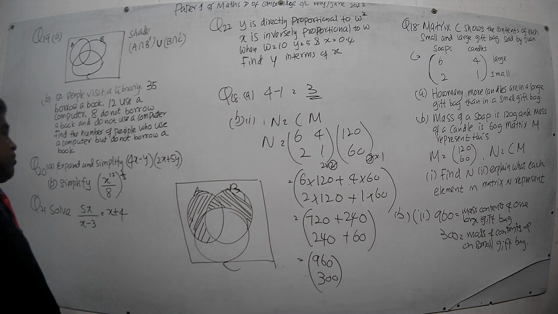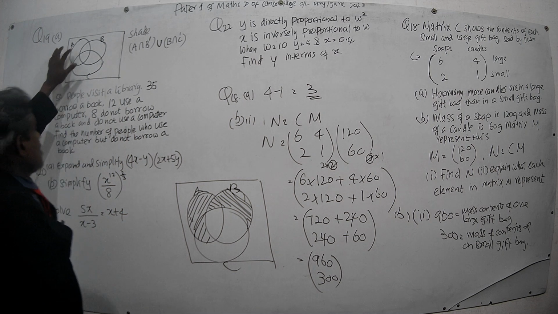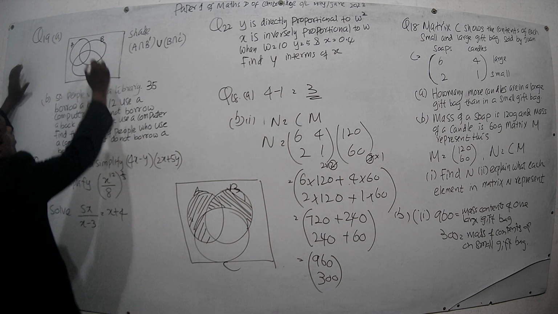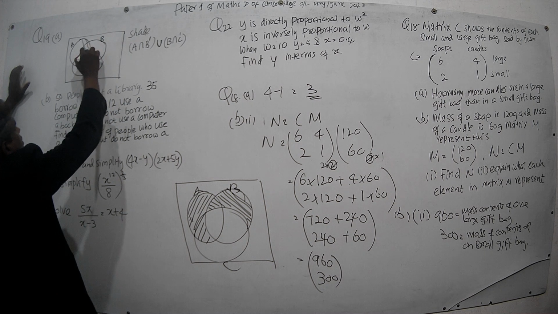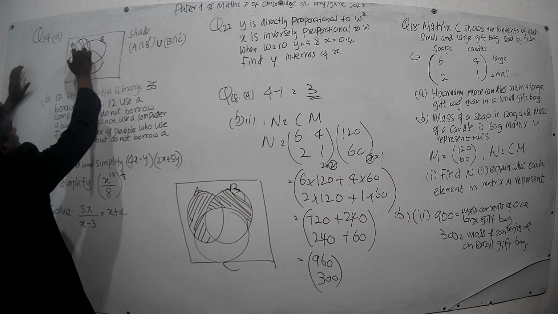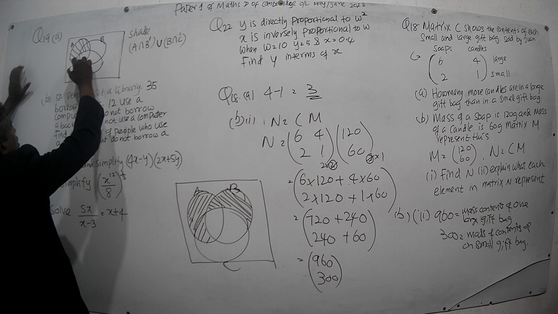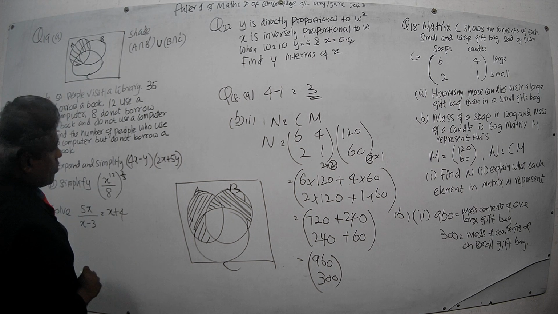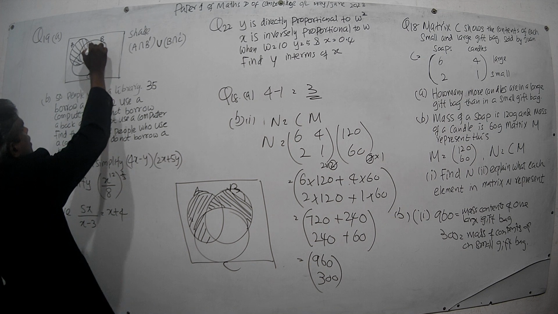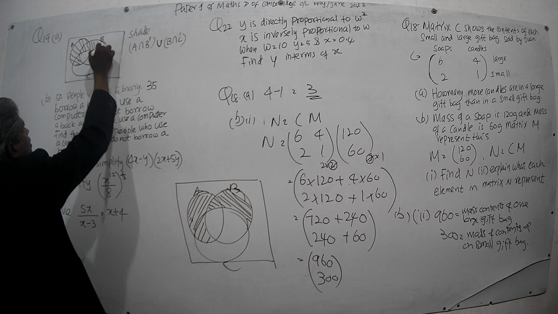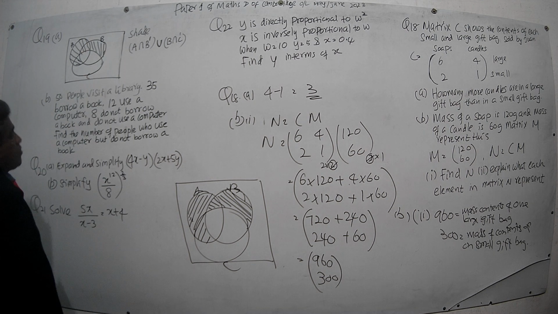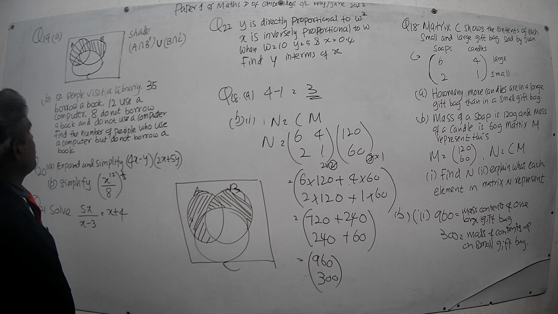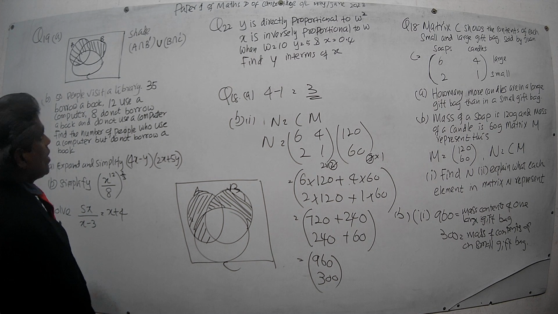Union means all these shaded parts. Therefore, in this one we shade from this one, like this. Then further this, like that. That is the relevant region.